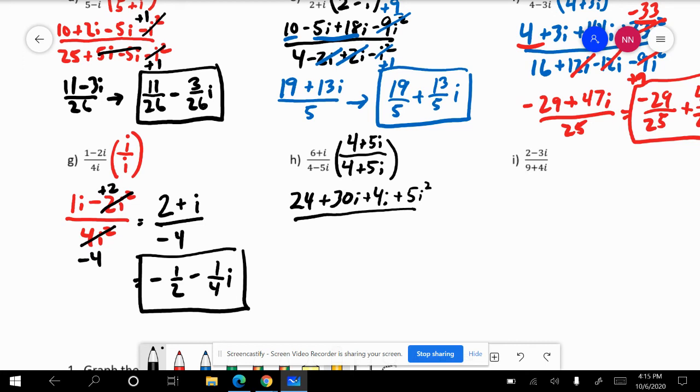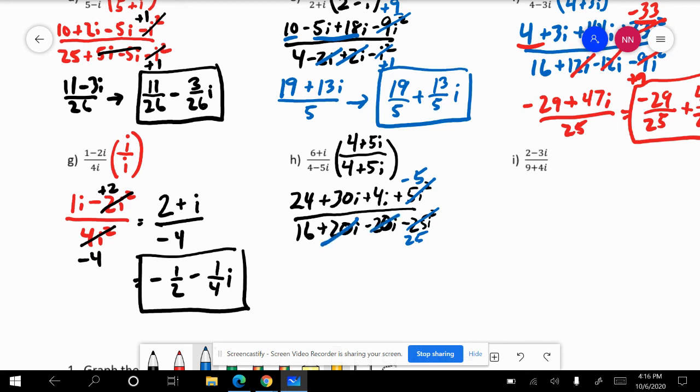When we multiply the denominator, 4 times 4 is 16. 4 times 5i is 20i. Negative 5i times 4 is negative 20i. And negative 5i times 5i is negative 25i squared. We have to remember that i squared is negative 1, so negative 5 and 25.